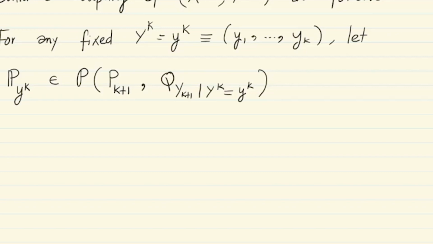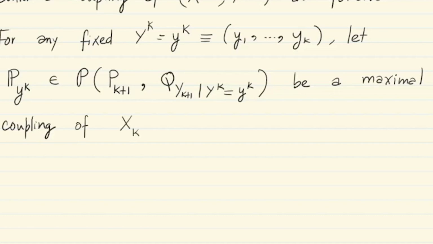Okay, so let this be a maximal coupling of these two distributions. As random variables we can say it's a maximal coupling of x_k plus 1, the single random variable, and y_k plus 1 given y^k equal to small y^k.